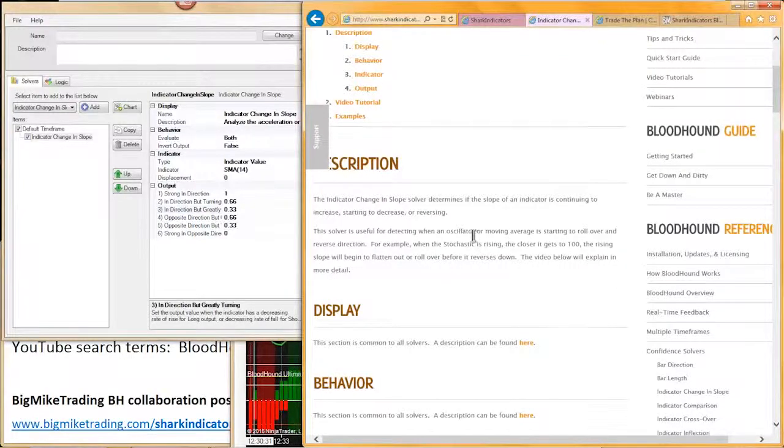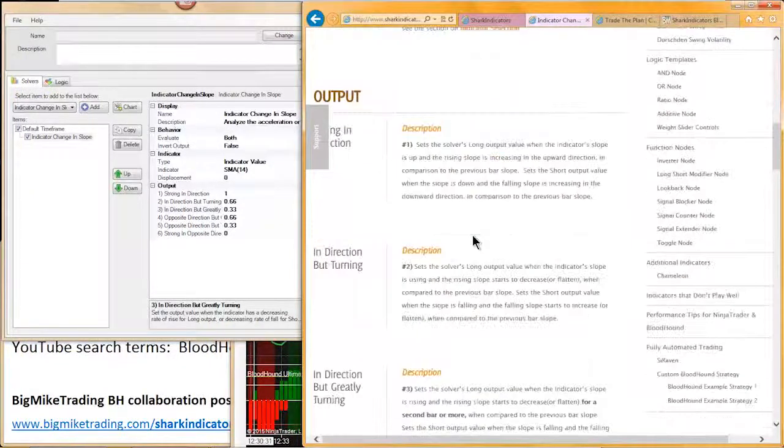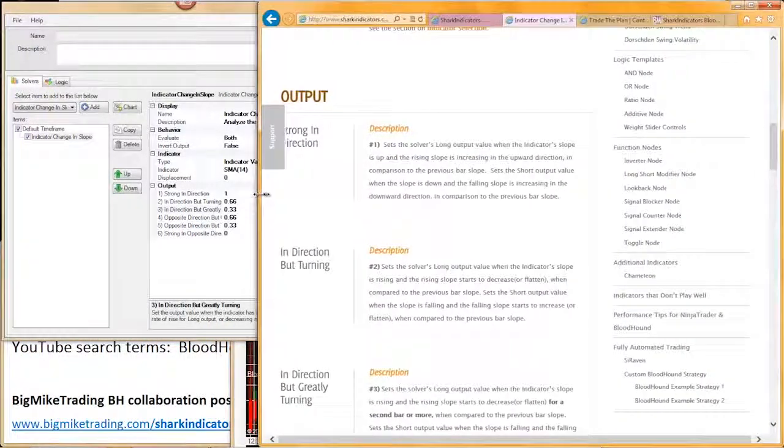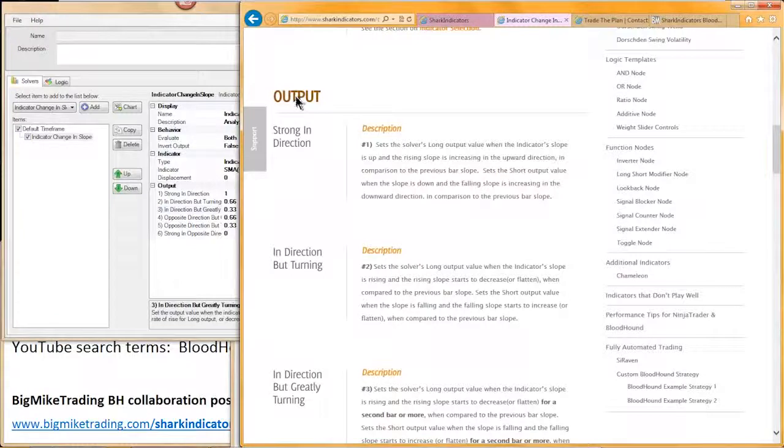If we scroll way down, you'll note that each of the outputs here is numbered. We have number 1, number 2, number 3, and the descriptions also denote number 1, number 2, and number 3, and so forth.